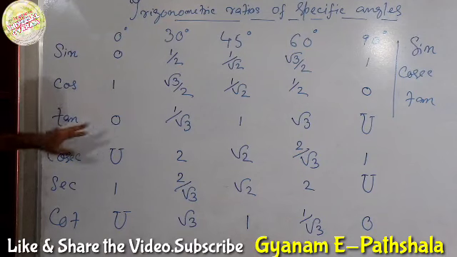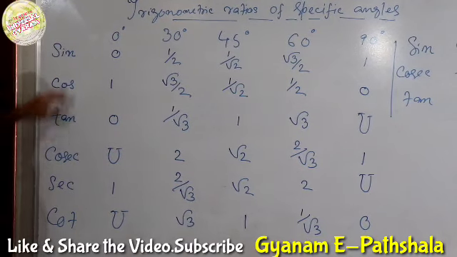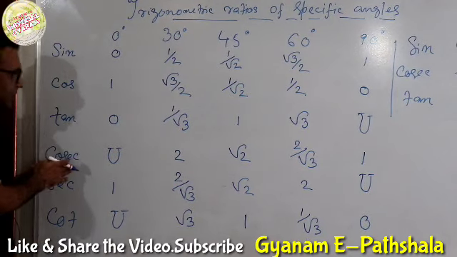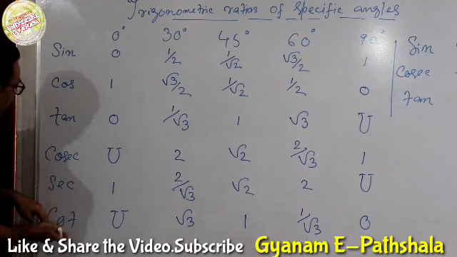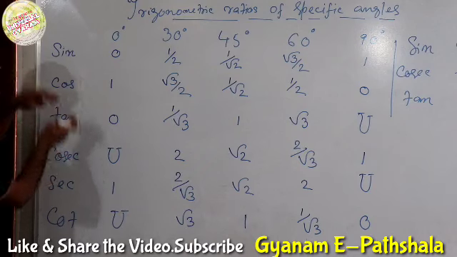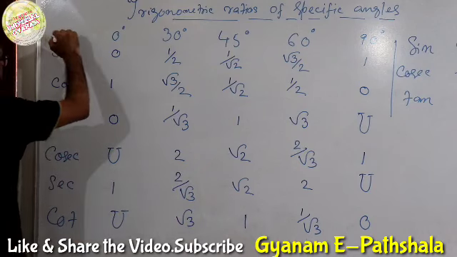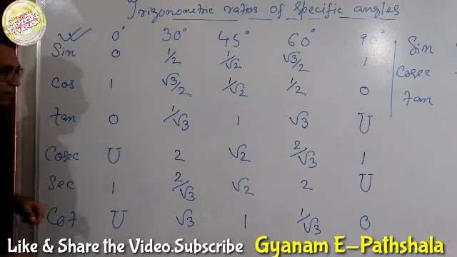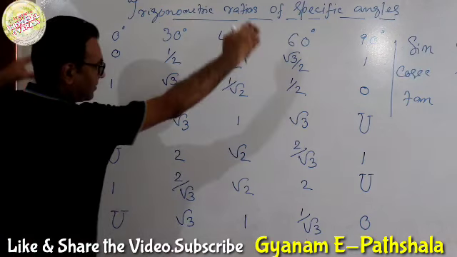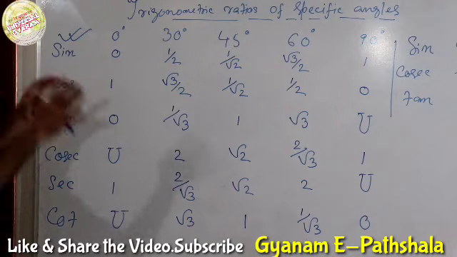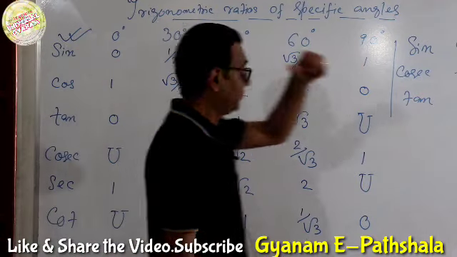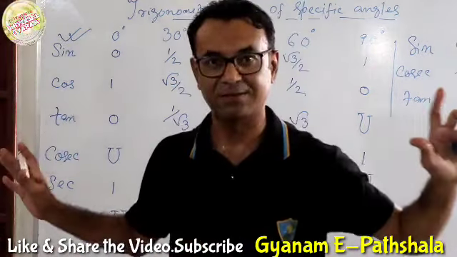You get cos, you get tan by remembering tan is sine by cos. You get cosec, that's 1 by sine. You get sec, that's 1 by cos. You get cot, that's 1 by tan, or cos by sine. Just remember sine, and you remember the entire matrix. That's a very simple way of remembering the trigonometric ratios of specific angles, right?